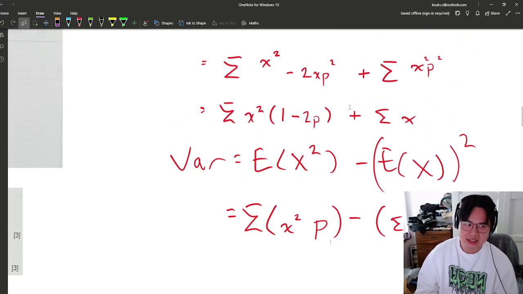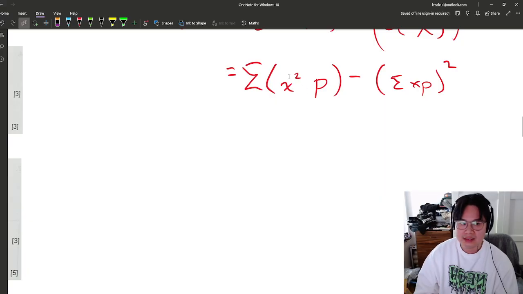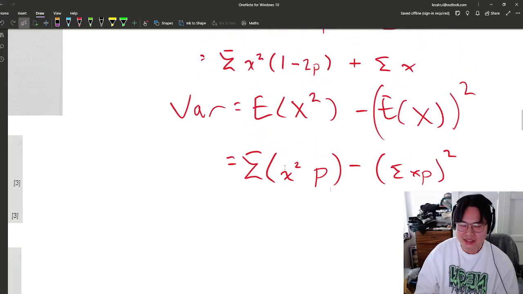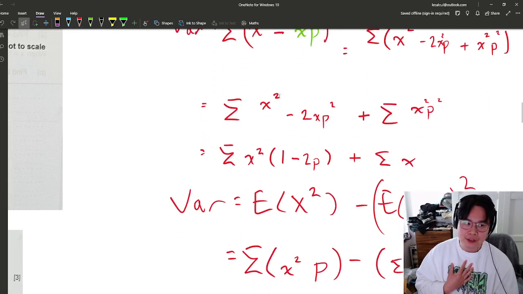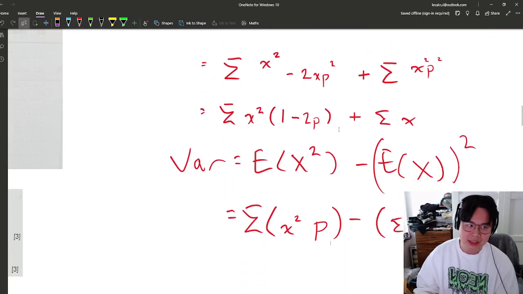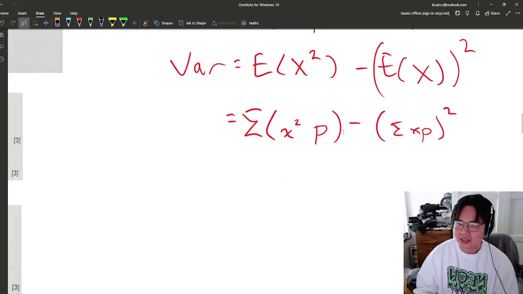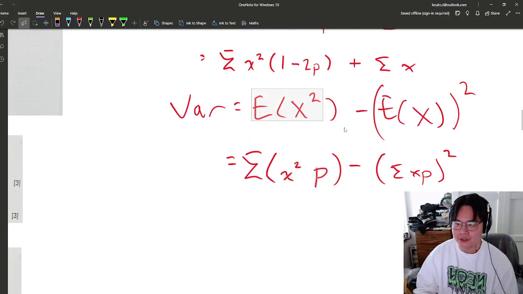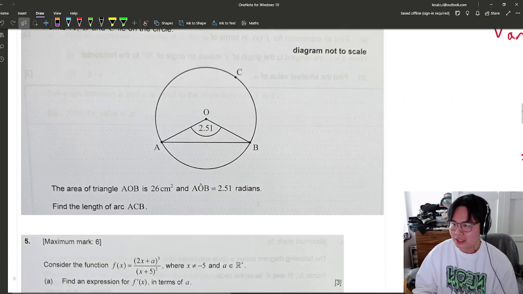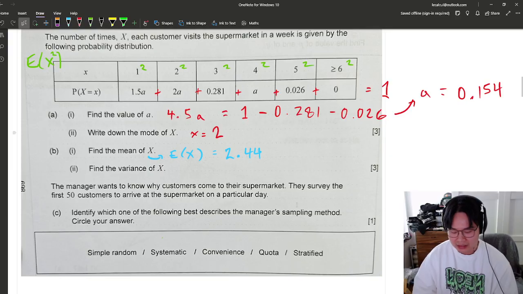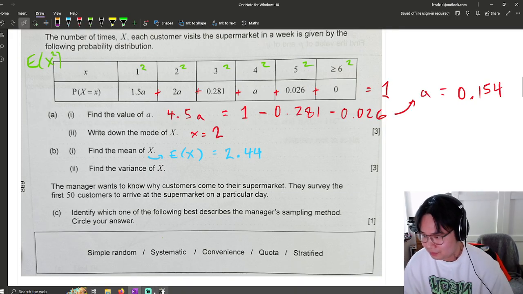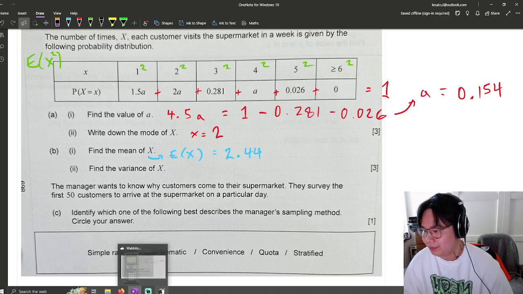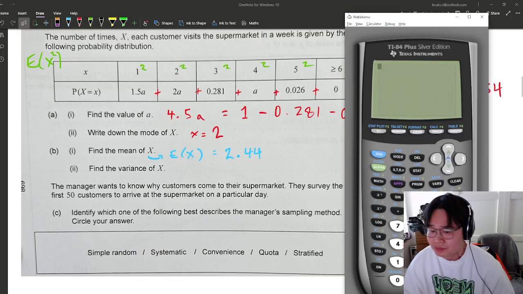I don't think it has a meaning per se, at least not that I know of. If you follow the formula and manipulate the summation, you end up with this expression, which is equivalent to finding the expected value of x squared. Someone that knows statistics better than me could probably say. I never took a statistics class in my life. I wasted way too much time. Okay, let's just get this over with.